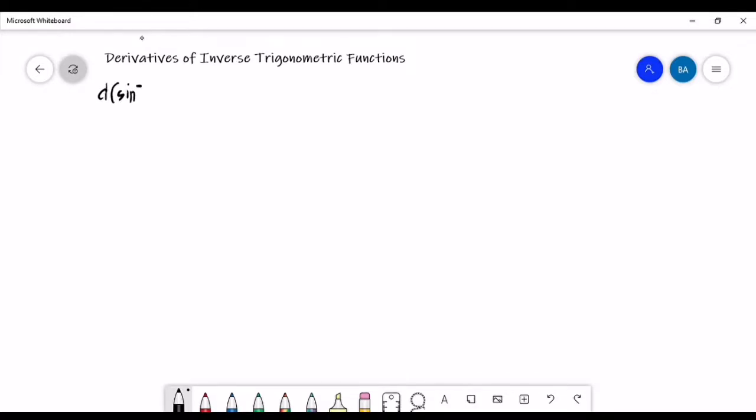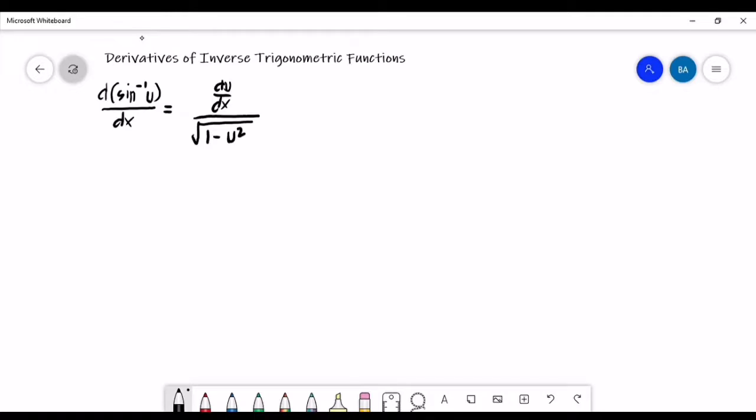arcsine u with respect to x. This is equal to du/dx, the derivative of u with respect to x, over the square root of 1 minus u squared.